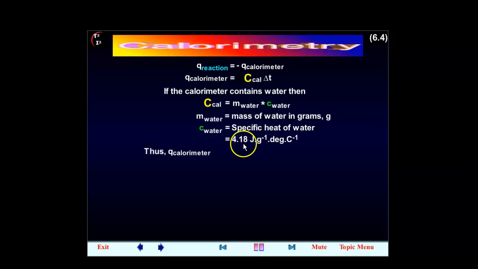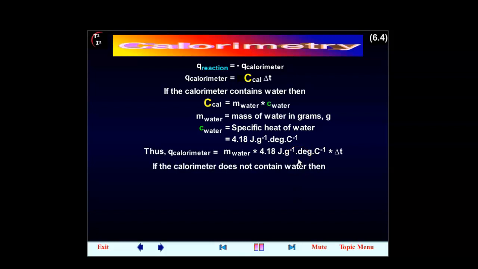Thus, Q calorimeter equals M water times 4.18 joules per gram per degree Celsius times delta T. If the calorimeter does not contain water, then Q reaction equals negative C calorimeter times delta T. C calorimeter equals heat capacity of the calorimeter.